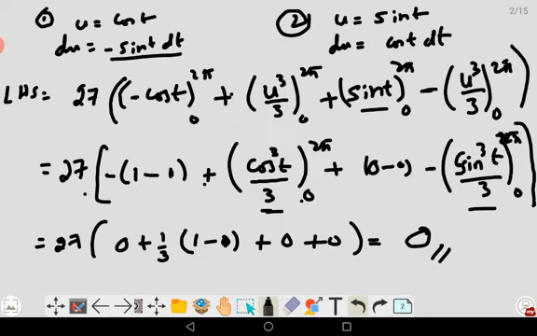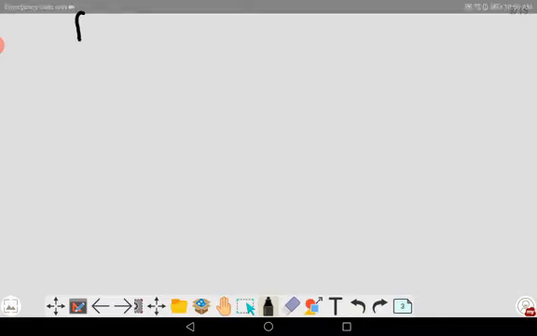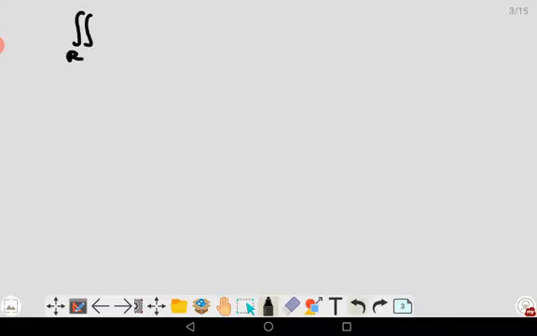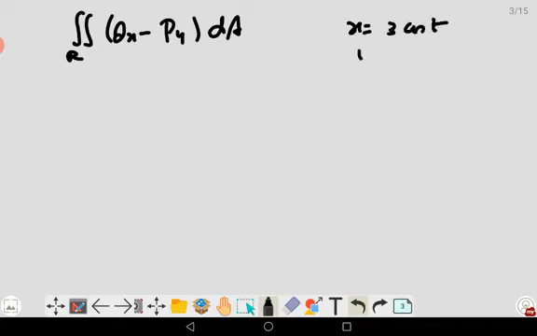Let's think of the right hand side. What is the right hand side? Here, double integral over the region R of qx minus py dA, isn't it? Let's convert everything into parametric form. Given x is equal to 3 cosine t, y is equal to 3 sin t. When it is in polar form, dA can be dx dy or dy dx, it doesn't matter.